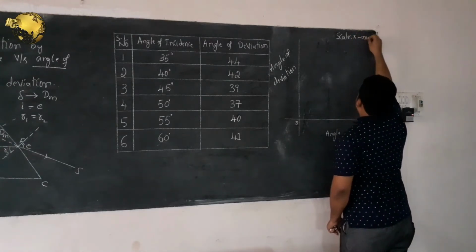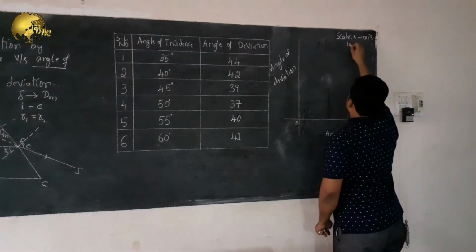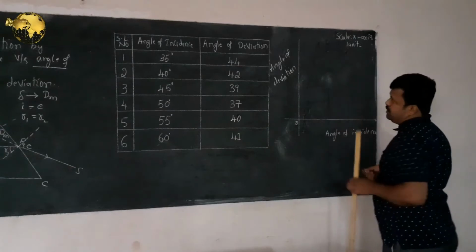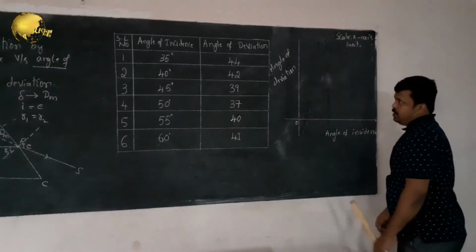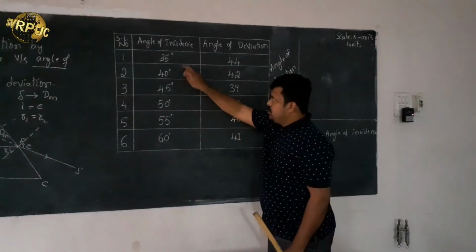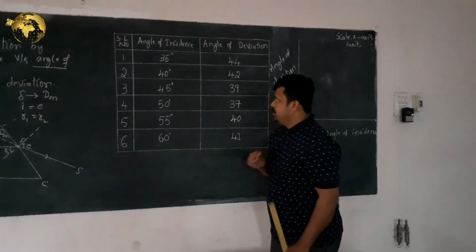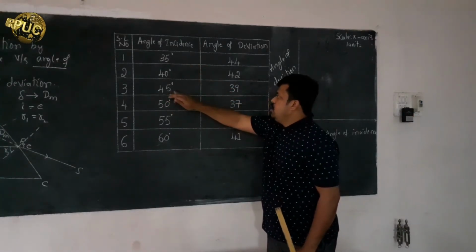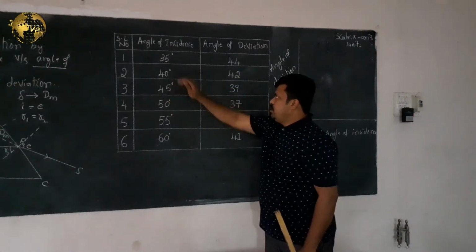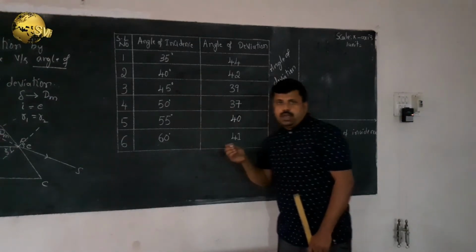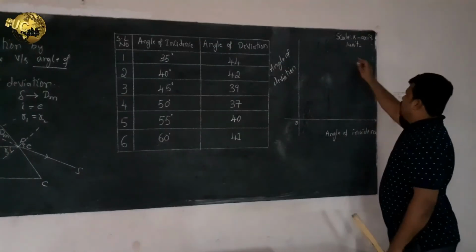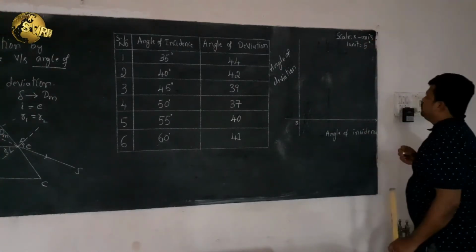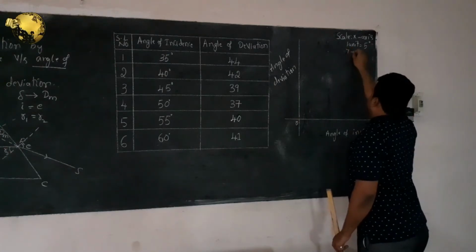X-axis: one of the easiest ways of writing the values is to find out the difference between values here. So there will be 40 to 35, 5 degrees, 45 to 40. So you can see that 5 is the difference. So it's better for 1 unit to take it as 5 degrees.